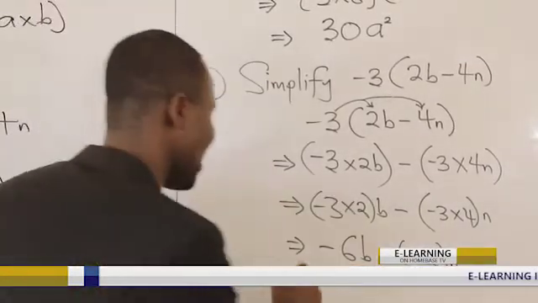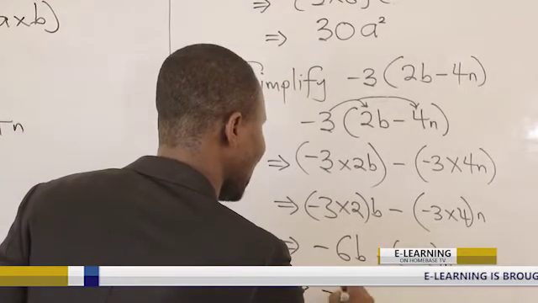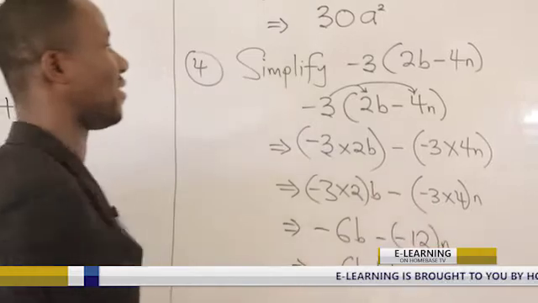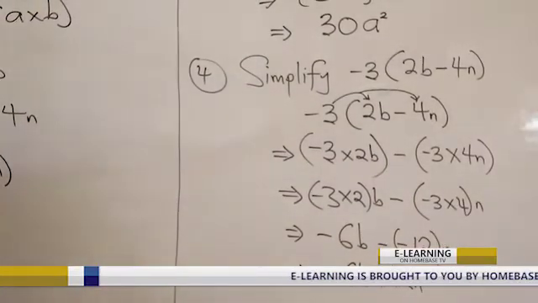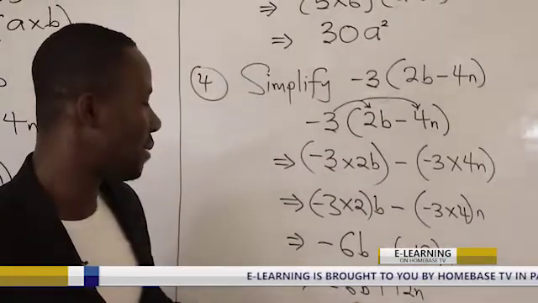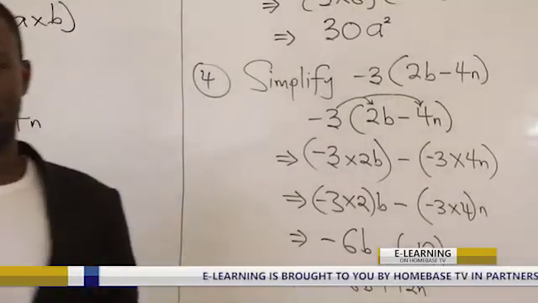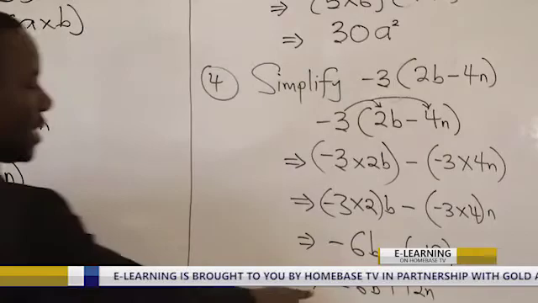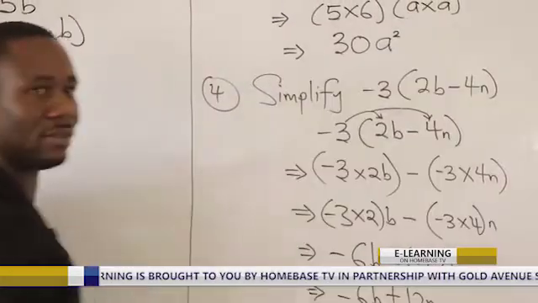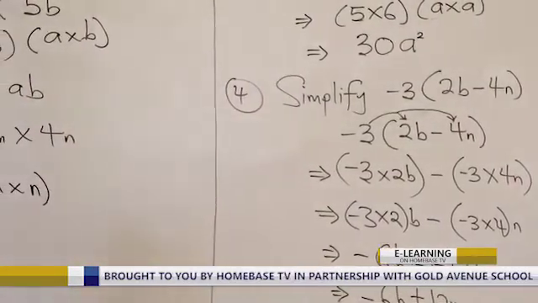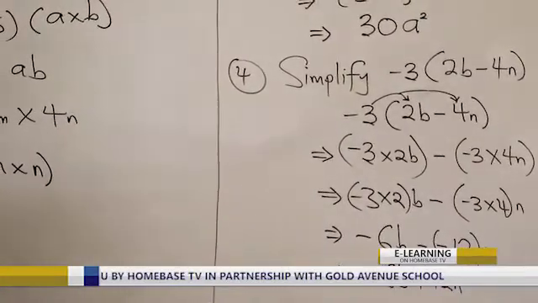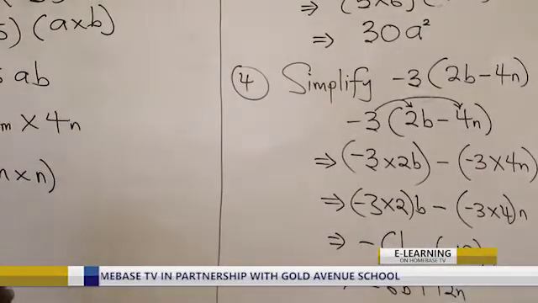So this one becomes, so the final answer becomes negative 6b plus 12n. Negative 6b plus 12n. Let's move on to our final question.